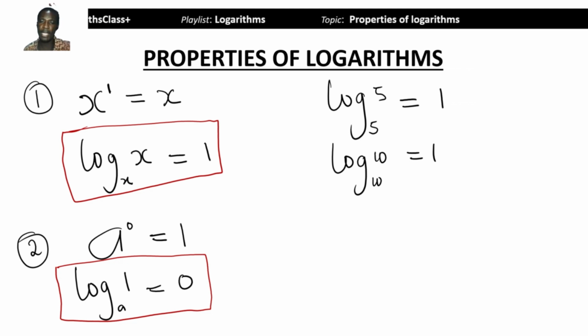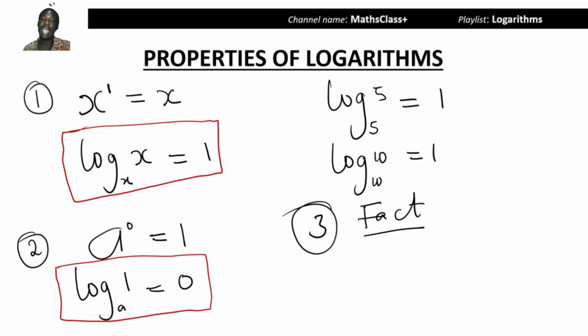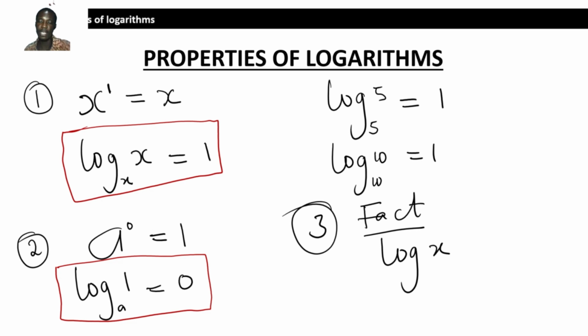Okay, so the third thing, what I'll say is that if you see anything log and the base is not stated, then it means it is in base 10. So any log whose base is not stated is base 10. So let's take note of that.